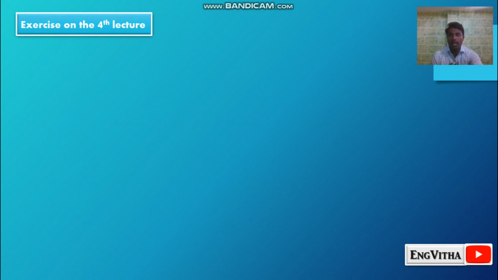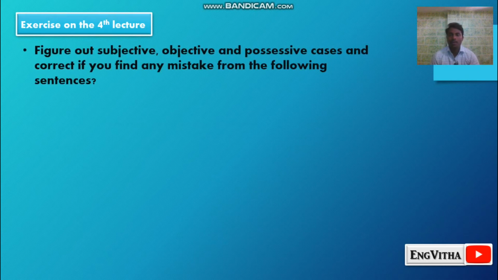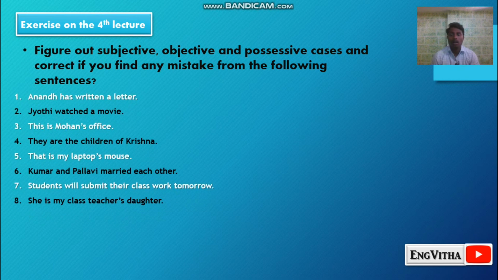So the exercise is to figure out subjective, objective and possessive cases, and correct any mistakes you find in the following sentences. The sentences we are going to work on are these. Anand has written a letter. Jyoti watched a movie. This is Mohan's office.